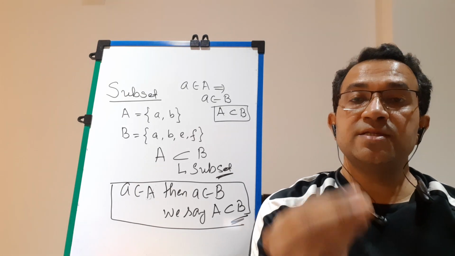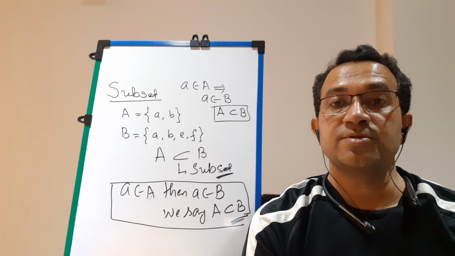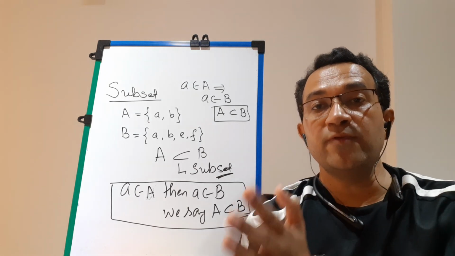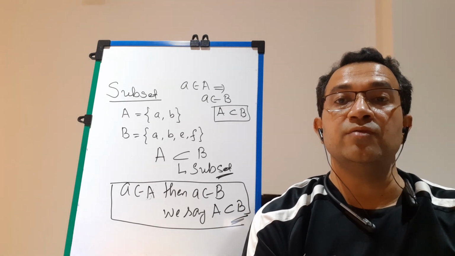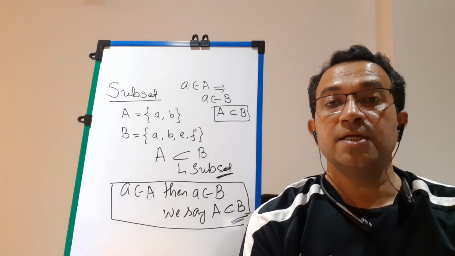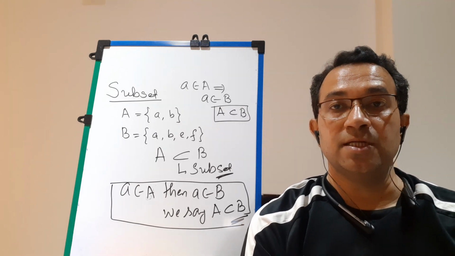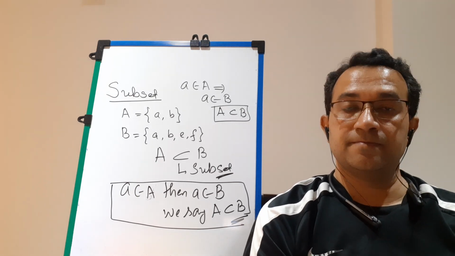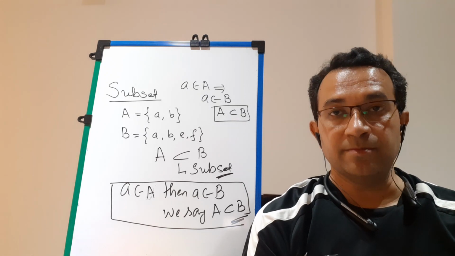So in general, if a set has n distinct elements, the number of subsets are 2 raised to n. Suppose a set has 5 elements, then the number of subsets of that set are 2 raised to 5, which is 32. In general, if any set A has n elements, then the number of subsets of set A are 2 to the power n. That students, you already know and you must remember.